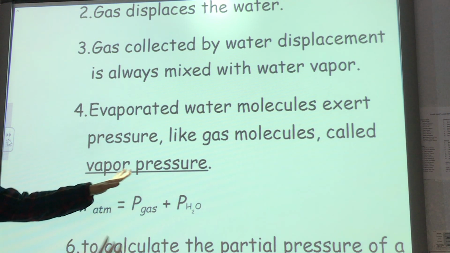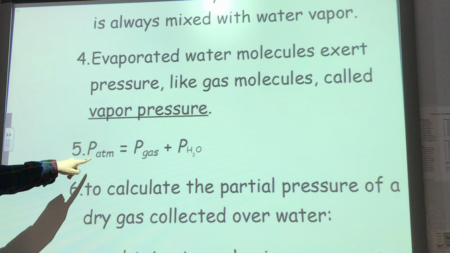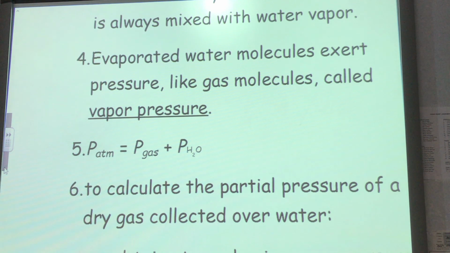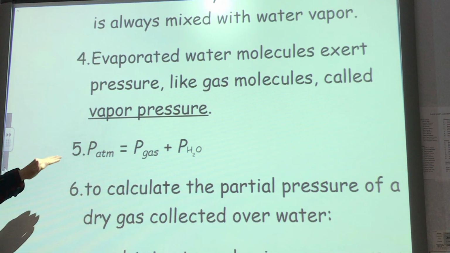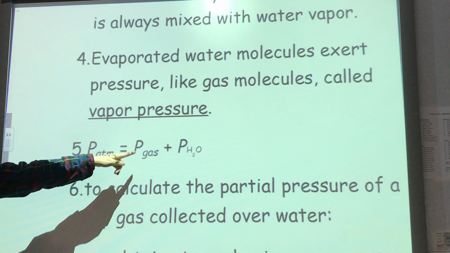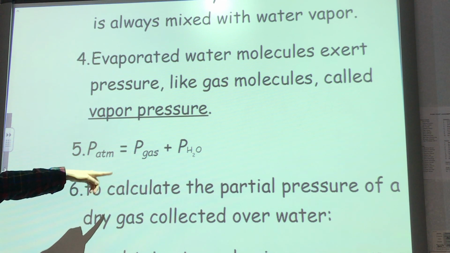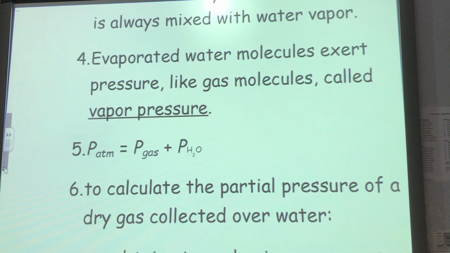So when you're collecting gases in a lab over water, you will have to know this for the test. It's a different problem I'm not going to do with you, but you will have to know that the atmospheric pressure is going to be equal to the pressure of the gas that you're collecting plus the pressure of the water vapor, because that gas is always mixed with water vapor.